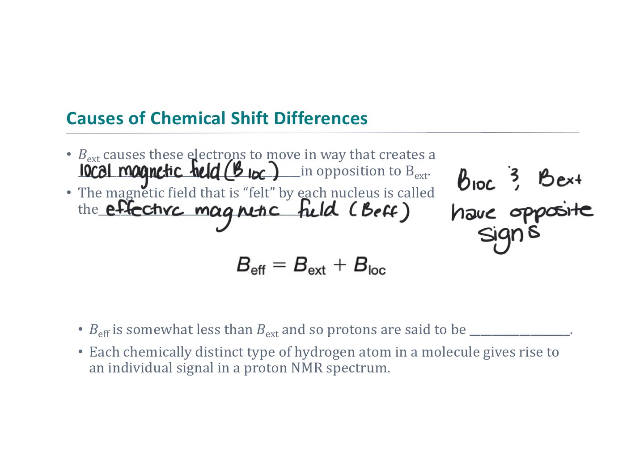Basically, the B effective will always be somewhat less than the external magnetic field, because we're going to subtract out that B local, right? So the protons are said to be shielded.